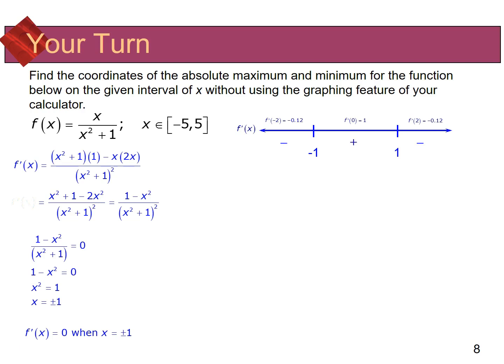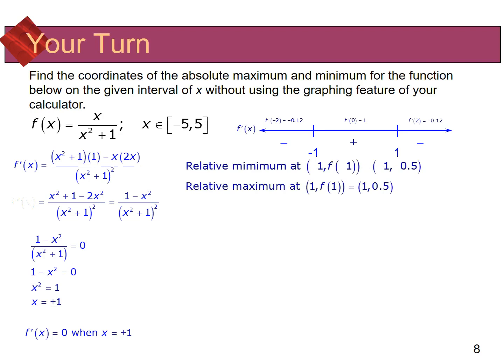So I can see here that this function looks like it's going to be decreasing until I hit the x value of -1, increasing between -1 and 1, and then decreasing afterwards, which means that at -1 I'm going to have a relative or local minimum, and at x equals 1 I'm going to have a relative or local maximum. So I make note of that.